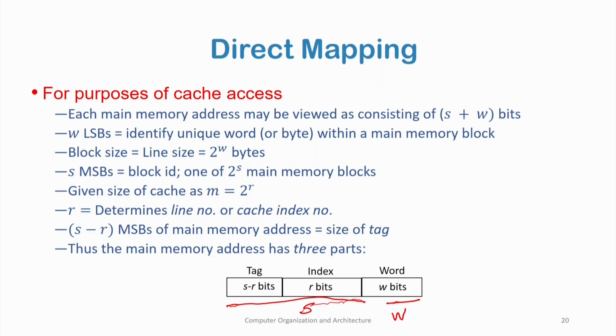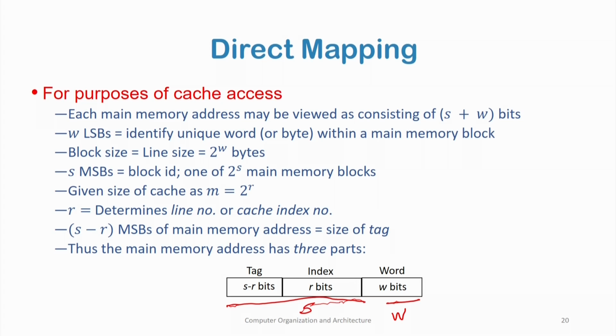The block size is equal to the line size and is 2 to the power w bytes. Because there are w LSBs, we have 2 to the power w addressable bytes within a block or line. The s MSBs, the most significant s bits, are the block ID, so they identify one of 2 to the power s main memory blocks.